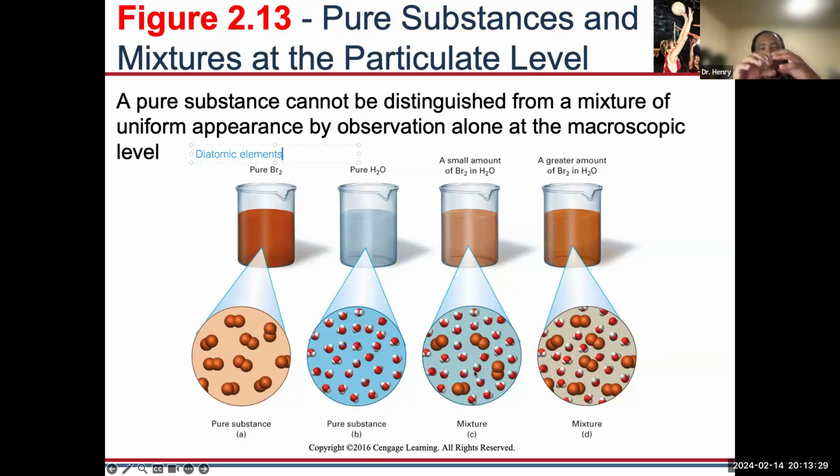And so if you guys think about it, salt and sugar, what are the physical characteristics of it? What does it look like? What color is it? White. Okay. That's right. It's white. And so they look alike, right? Can you guys tell the difference between salt and sugar other than tasting it?